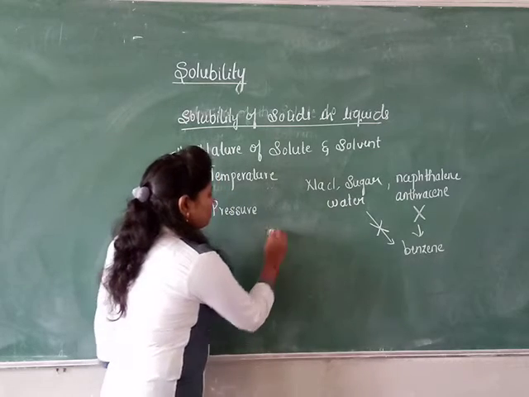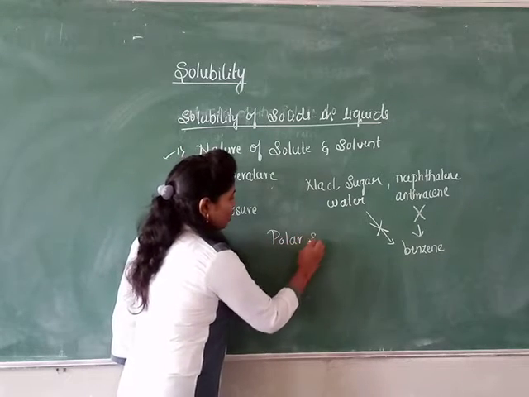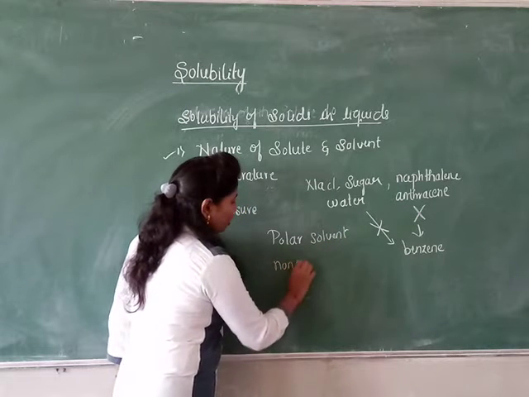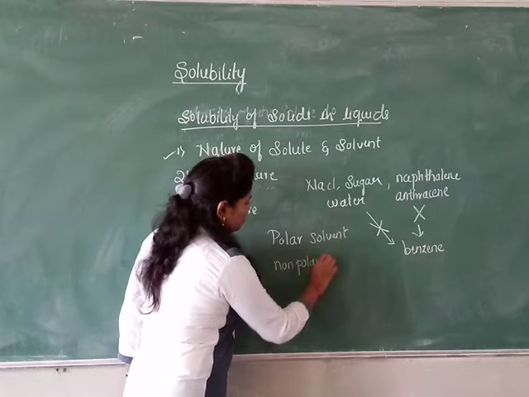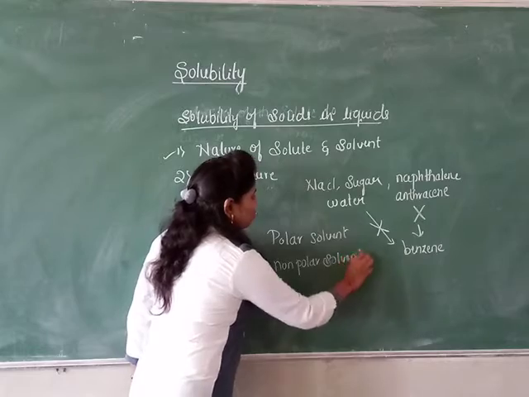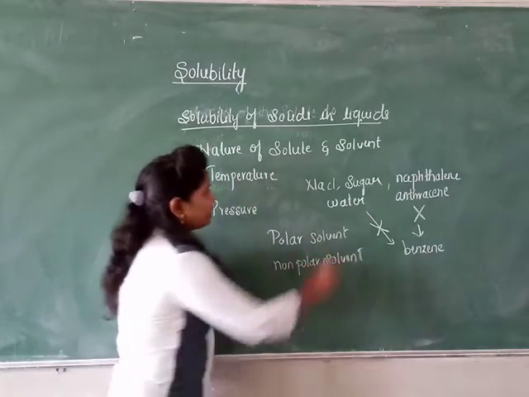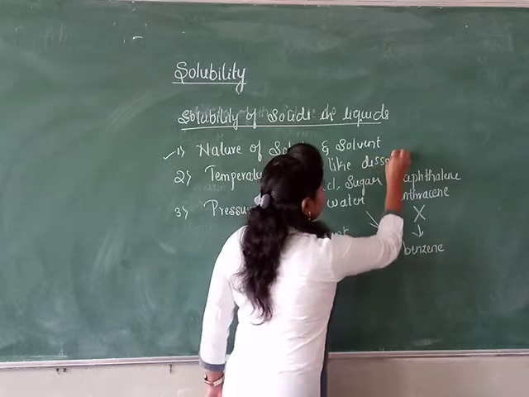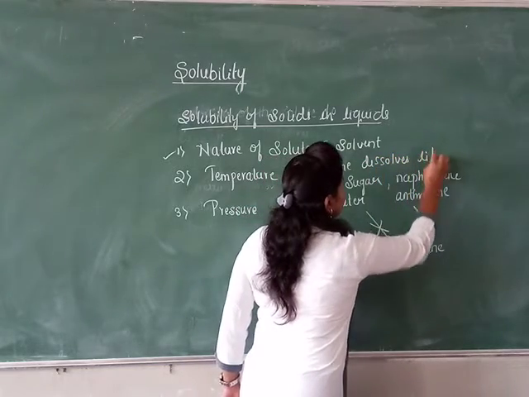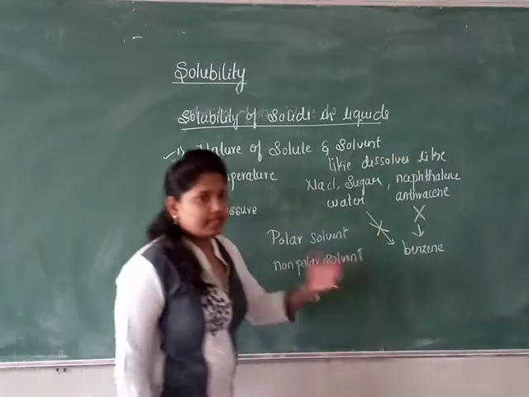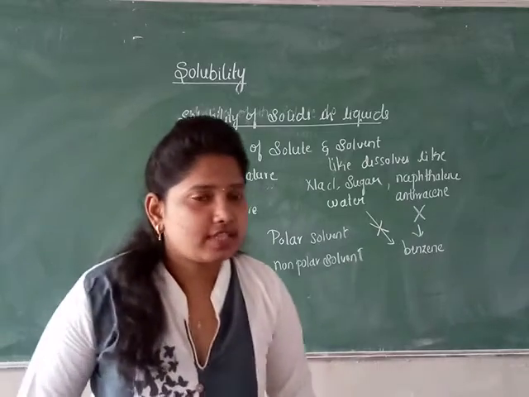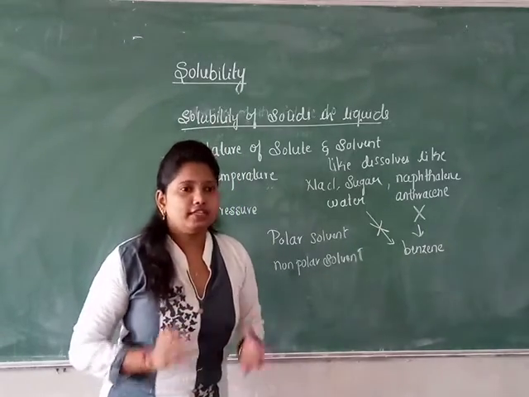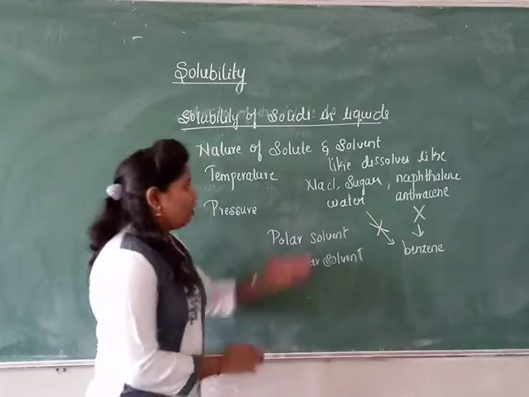So polar solutes dissolve in polar solvents, and non-polar solutes in non-polar solvents, or we can say that like dissolves like. In general, if the intermolecular interactions are the same, then only the dissolution process takes place.